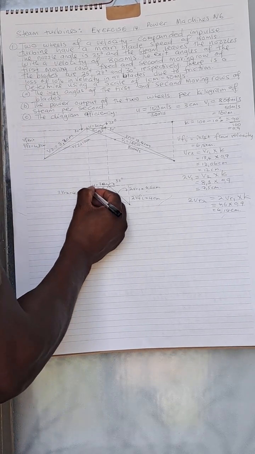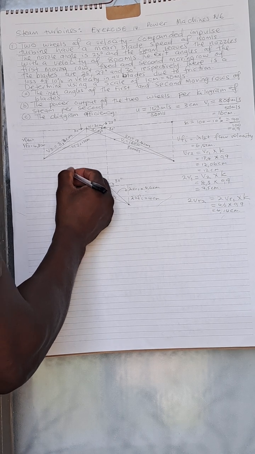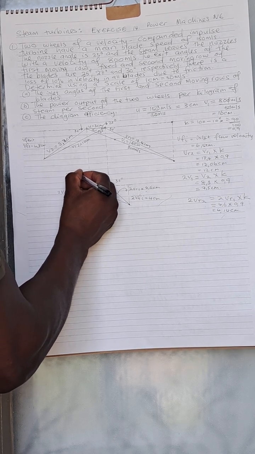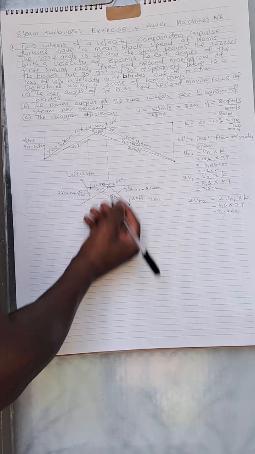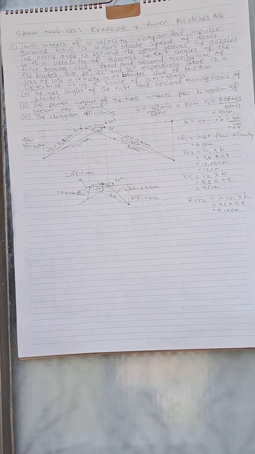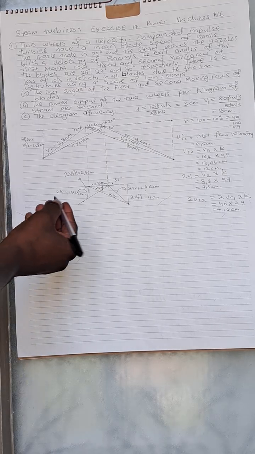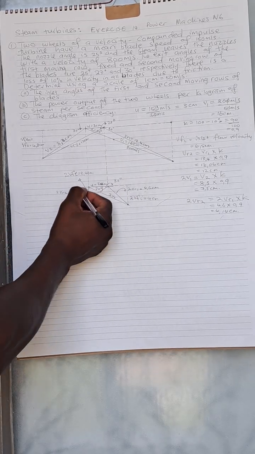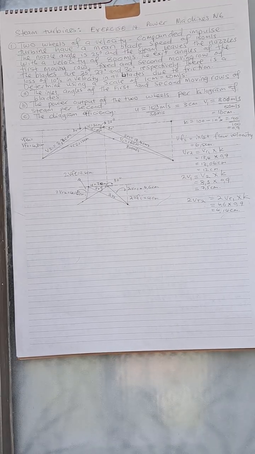So our 2VF exit, I'm getting 2.4 centimeters. So our diagram is complete. What is only left is to get this angle and then this angle. Once we have done that, our diagram is complete.